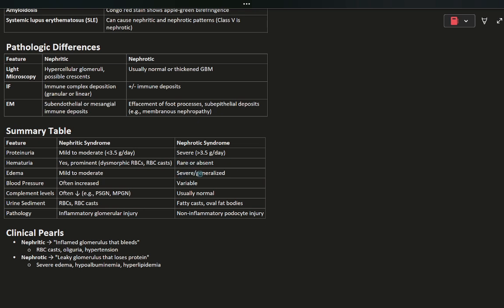There's going to be severe and generalized edema. Blood pressure can vary depending on some other factors, and complement levels will usually remain normal. On the other hand, urine sediment may reveal fatty casts and oval fat bodies. And then the pathology involved is non-inflammatory podocyte injury.